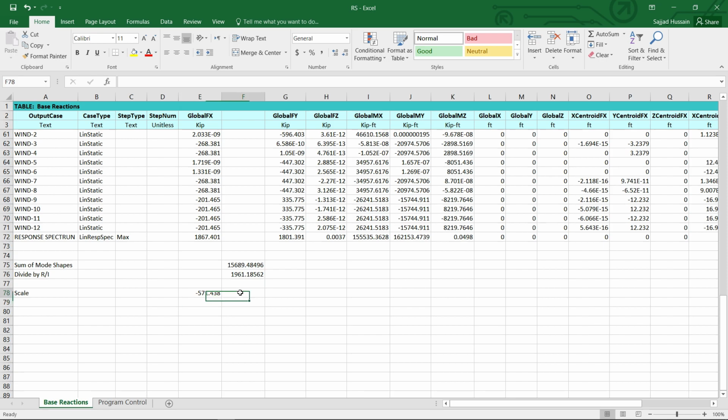Our scale will be, that means this should be reduced by this divided by this. So that means, let's take ABS.